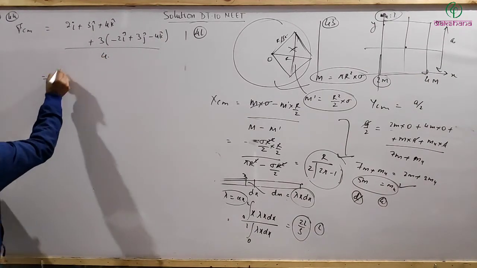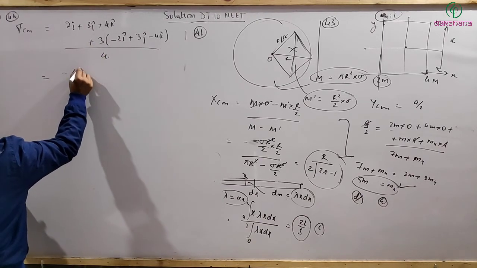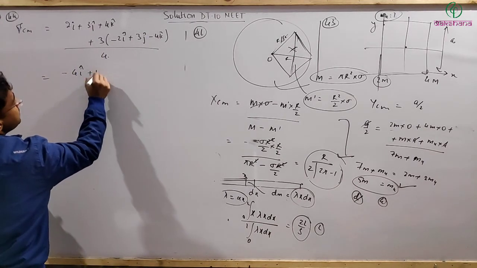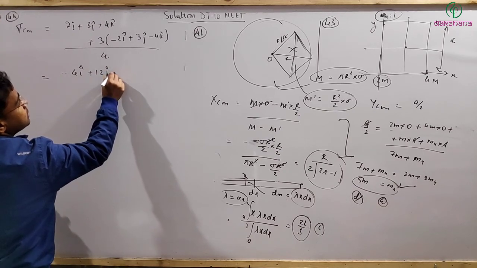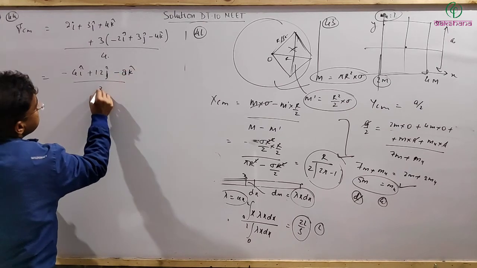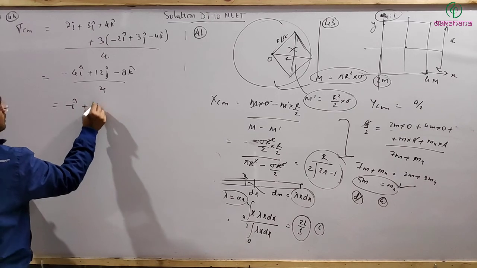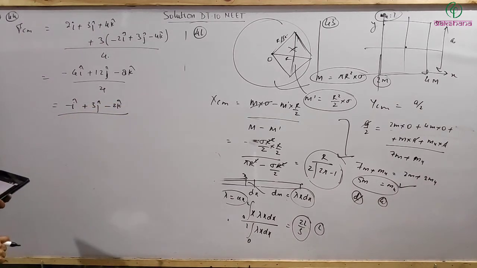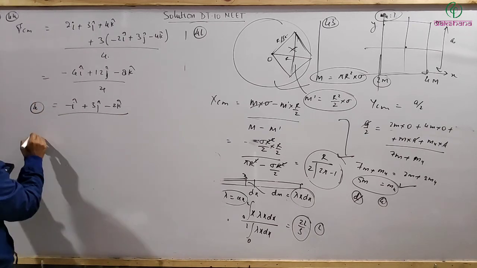Solving, this is 2, this is 6, so minus 4 i cap, and 3 and 9 that is plus 12 j cap, and 4 and minus 12, so it's minus 8 k cap, divided by 4, that comes out to be minus i cap plus 3 j cap minus 2 k cap, and that is matching with option number 4.